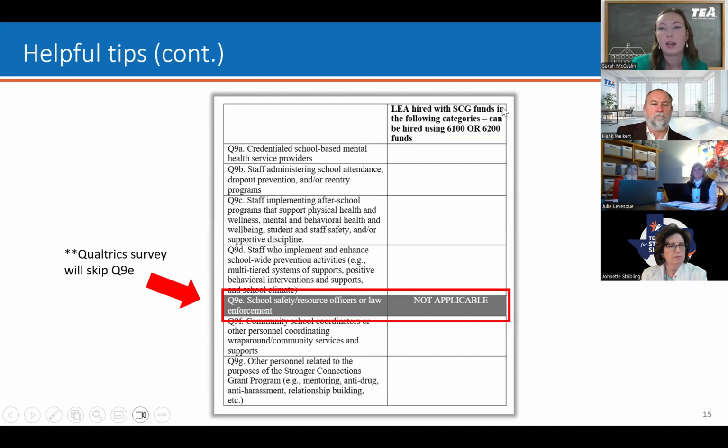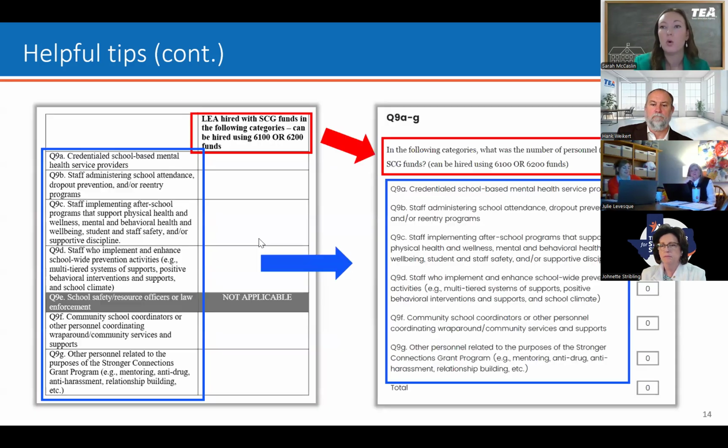And then again, just like in that first reporting table where we're looking at budgeted and expended funds, when you get to this personnel table, Q9E is grayed out. Again, this is just something that was not applicable with Stronger Connections grant funds. So when you get to the Qualtrics question, this one in Qualtrics, I'll go back, you'll see one reporting table.